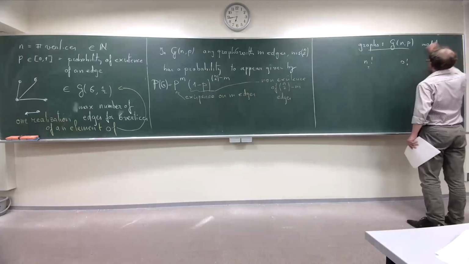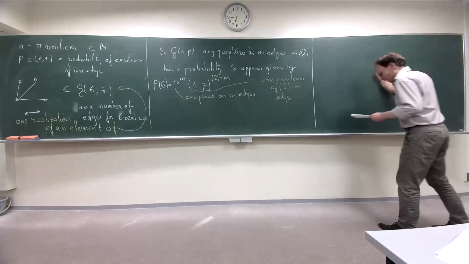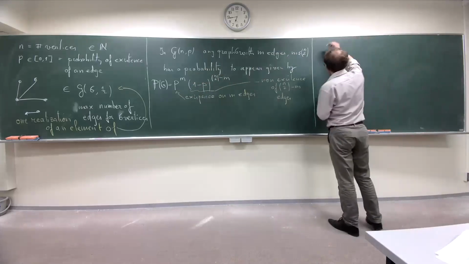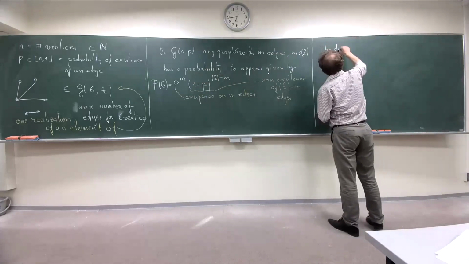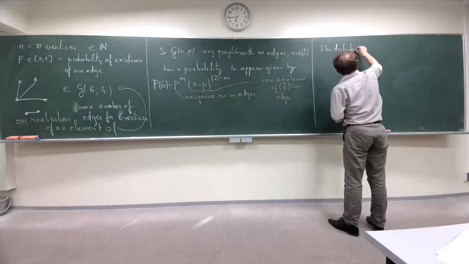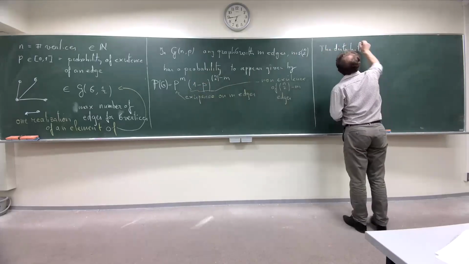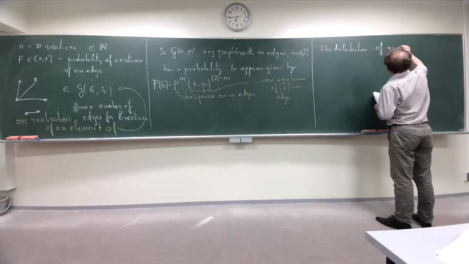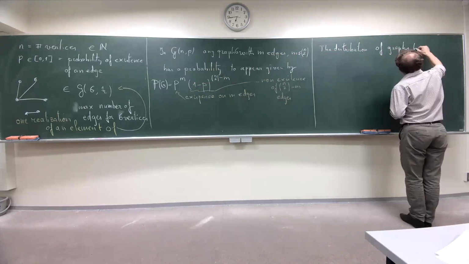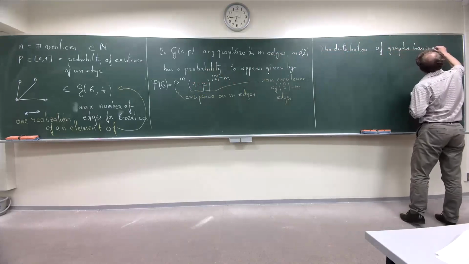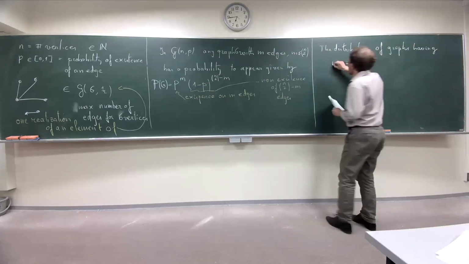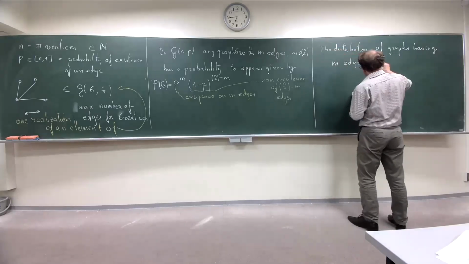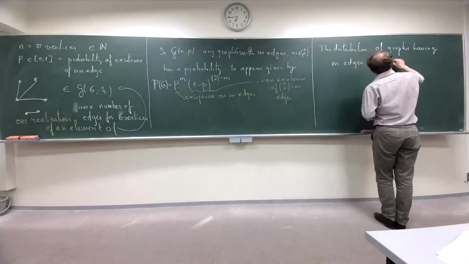Now, if we want to do some statistics, what is the distribution of graphs having m edges? It is given by the following.